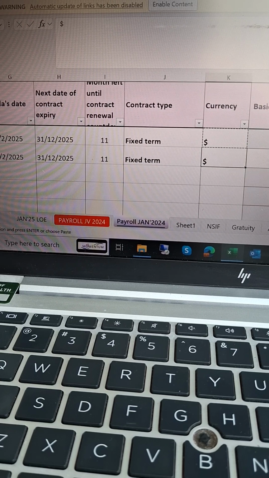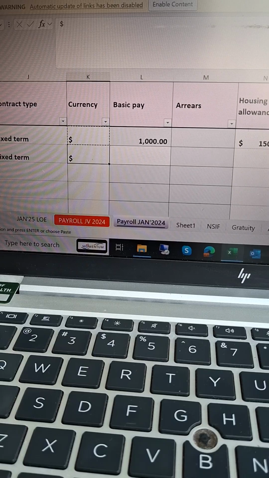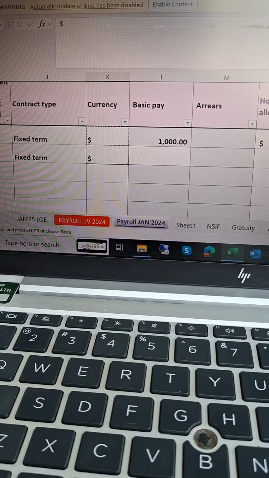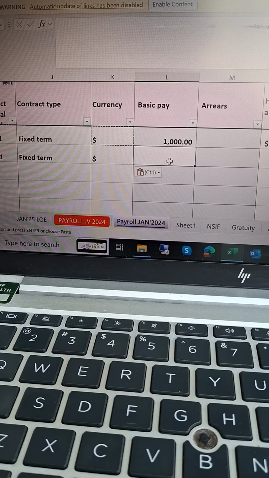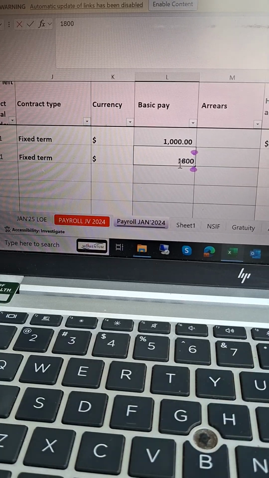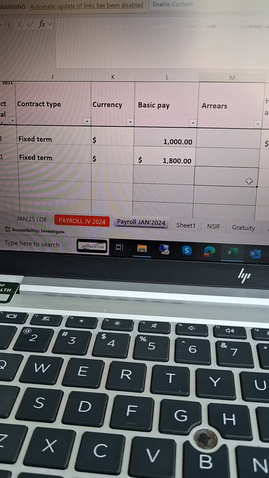Next one here is basic pay. All this information should be extracted from the staff's contract. 1,800.